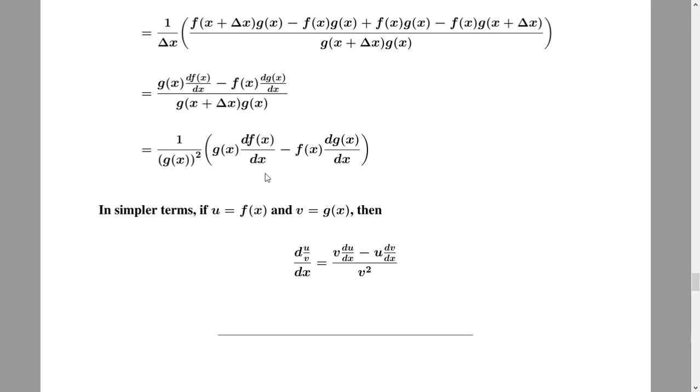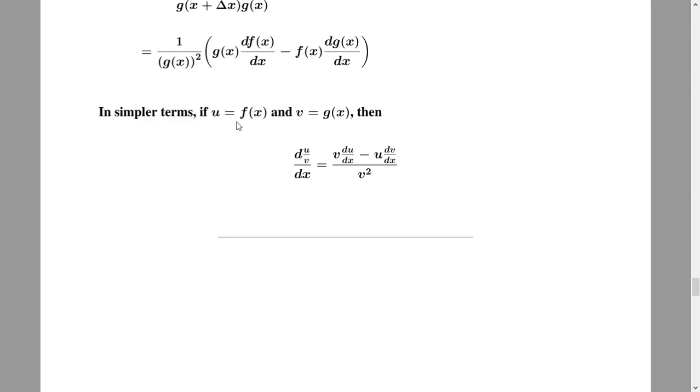What you will get is, when you want to find the derivative of f of x by g of x with respect to x, what you get is 1 by g of x whole square times the denominator function times the derivative of the numerator function minus the function in the numerator times the derivative of the function in the denominator. Again, if u represents f of x and v represents g of x, then the derivative of u by v with respect to x is v du/dx minus u dv/dx, whole divided by v square. This is called the quotient rule.